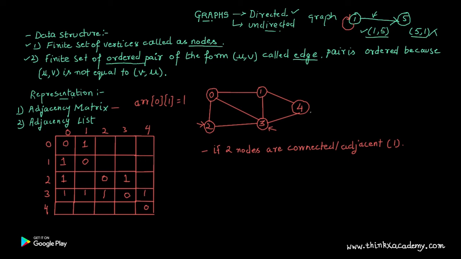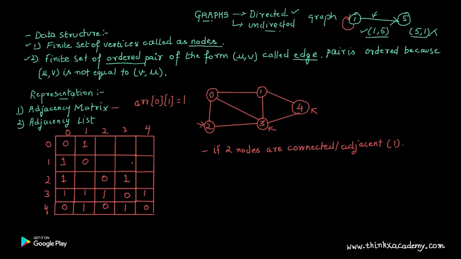Now we will pick the element 4. 4 is connected to 1, so I will write here 1. 4 is not directly connected to 0, so I will mark 0 here. 4 is also not connected to 2, so again a 0. Similarly 4, 3 is 1.